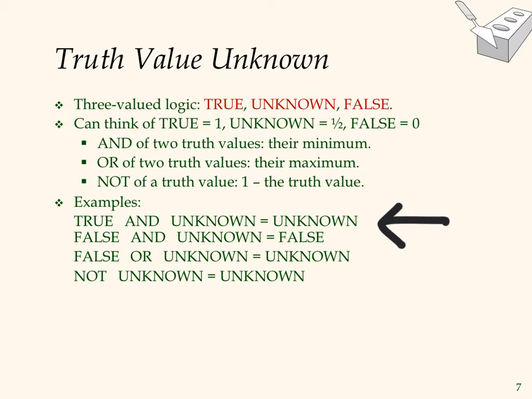So basically, one way to think of what SQL does is it applies this lazy evaluation strategy. So if it has enough information to conclude for certain what the outcome of the comparison is, like in the second case with false and unknown, then it returns what it can conclude, false, for instance. And if it doesn't have enough information to be certain about what the outcome is, it returns unknown.